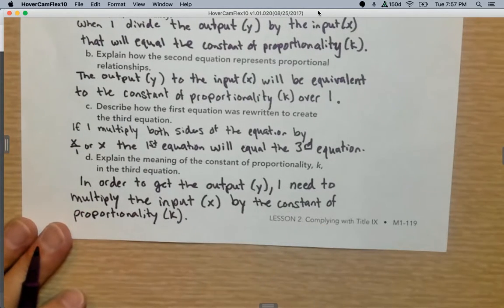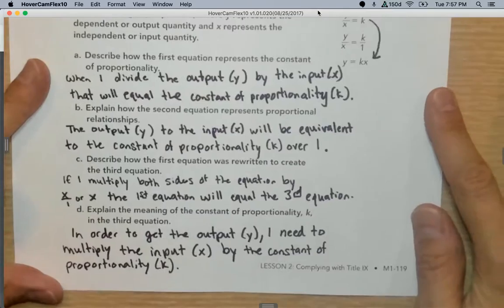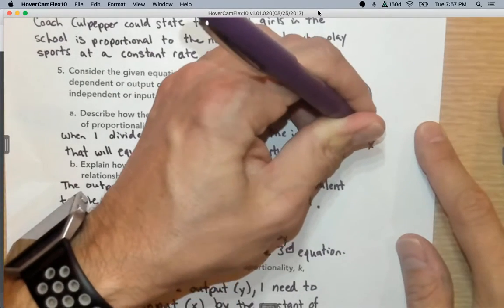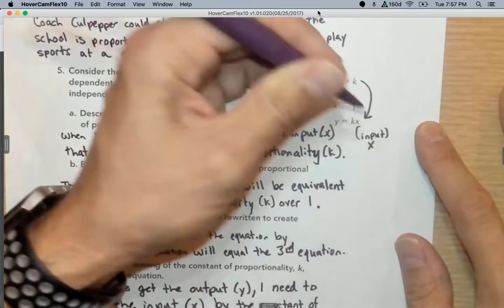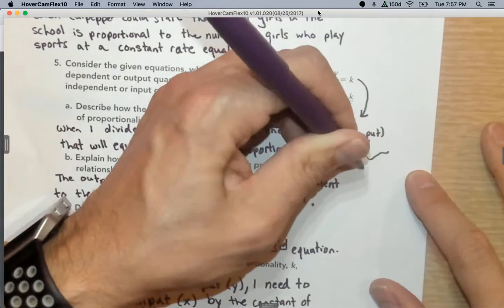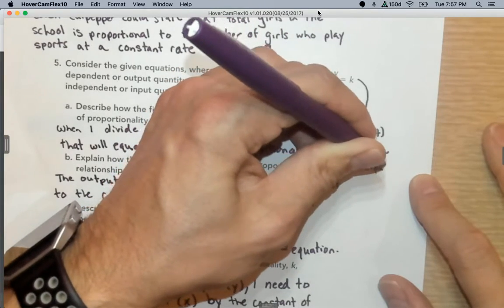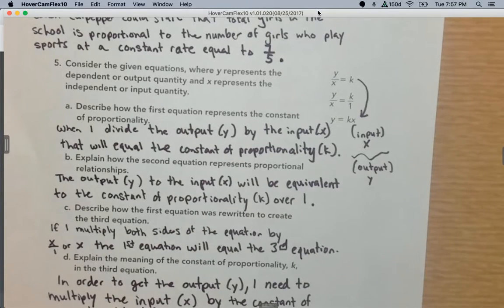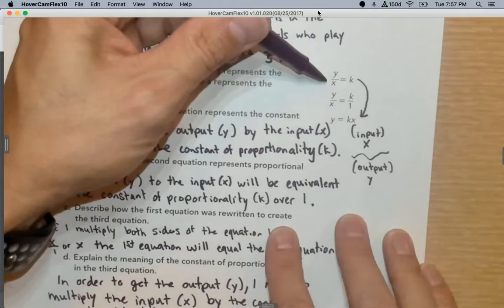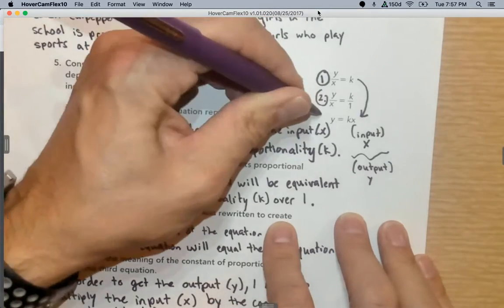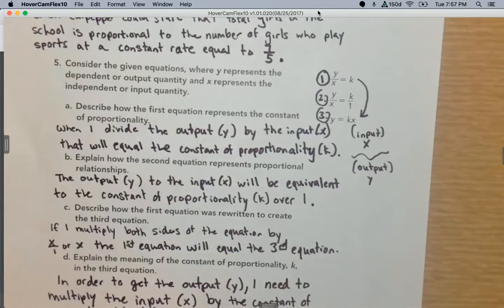In my mind, what I think they're doing here is they're getting me to do the following. They're getting me to use x as the input because it always is going to be. They're getting me to, if I'm reading and doing this carefully, use y as the output because it's often referred to as the output. And then third, they're showing how this first equation, this second equation, and this third equation are all equal to one another.